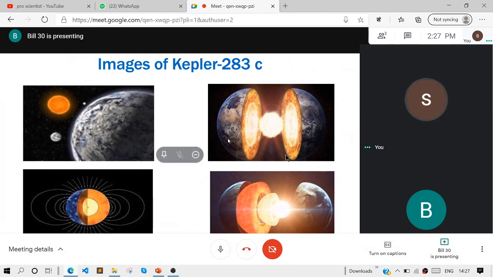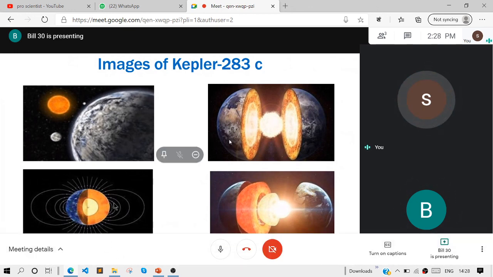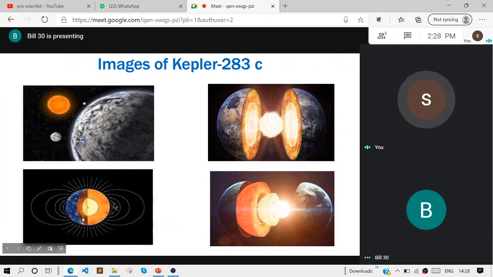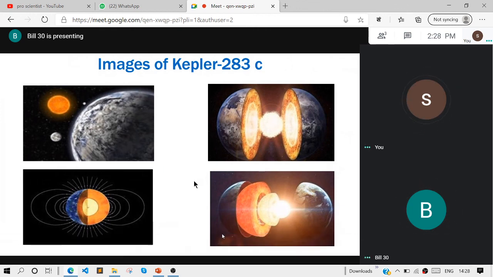The second one shows the core of it, and the third one shows the magnetic field of Kepler 283c, which is almost similar to the Earth's. The next one is the inner core, the hottest part of Kepler 283c, and it looks almost similar to the Earth. Yes, that's amazing. So the next planet, please.